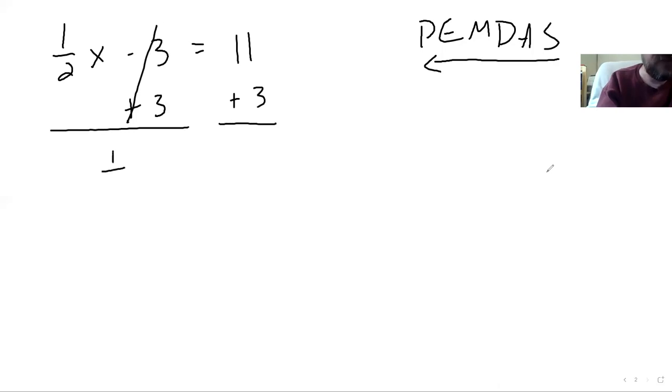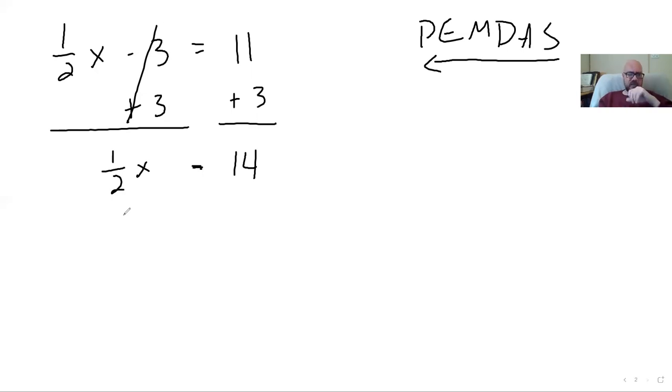And so I have 1/2 x equals 14. Well, if half of x is 14, then you can probably figure out what x is. But let's keep thinking of this as doing opposite operations here. So multiplying by 1/2, the easiest way to think of getting rid of multiplying by 1/2 in terms of operations is probably dividing by 1/2.